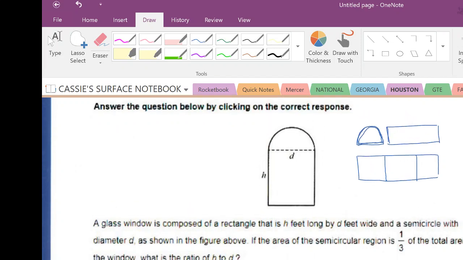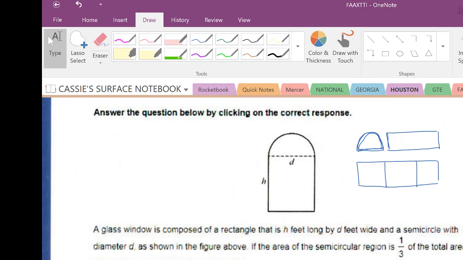Okay, so you can set up an equation a couple of different ways.